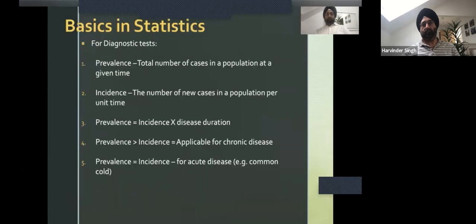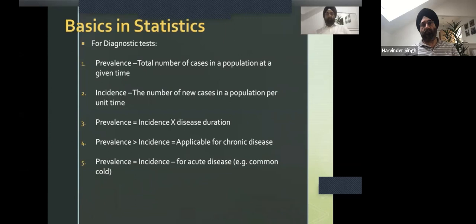But when it comes to diagnostic tests, there are some basic statistical techniques which you have to apply, like prevalence, which is the number of cases present in that population at a given time. So today, the number of cases of COVID-19 in the population will give you the prevalence. The incidence is the number of new cases in that population which occur over a unit time.